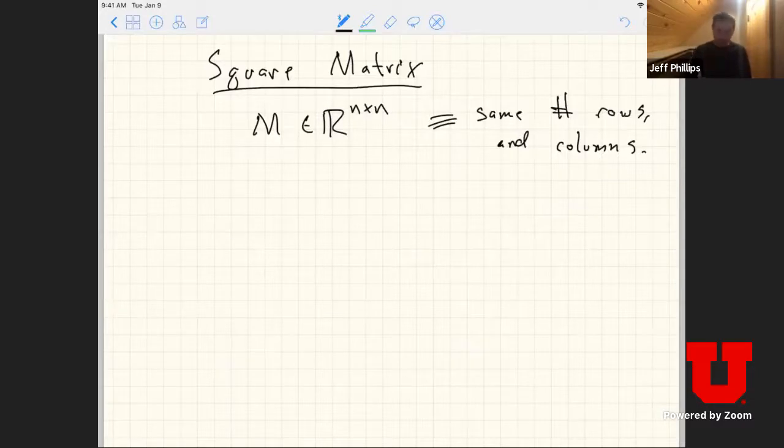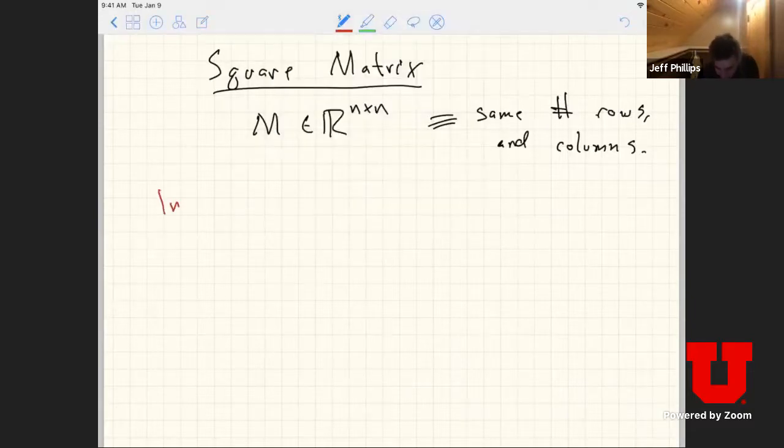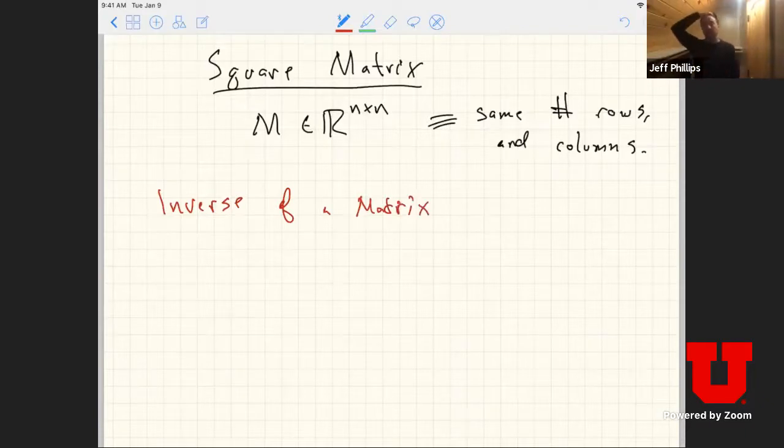So the first most important thing is we'd like to talk about the inverse of a matrix. We've talked about adding and subtracting matrices, and we've talked about multiplying them, but we haven't talked about dividing by matrices. An inverse is what allows you to do a division.